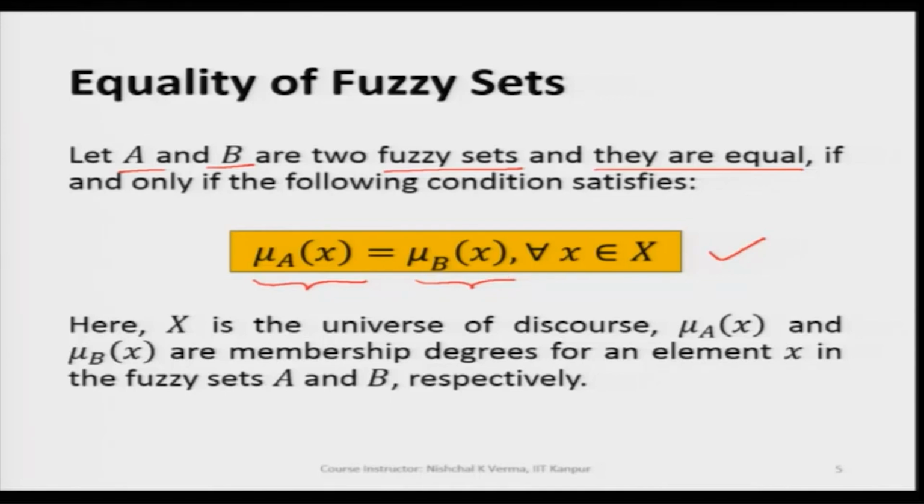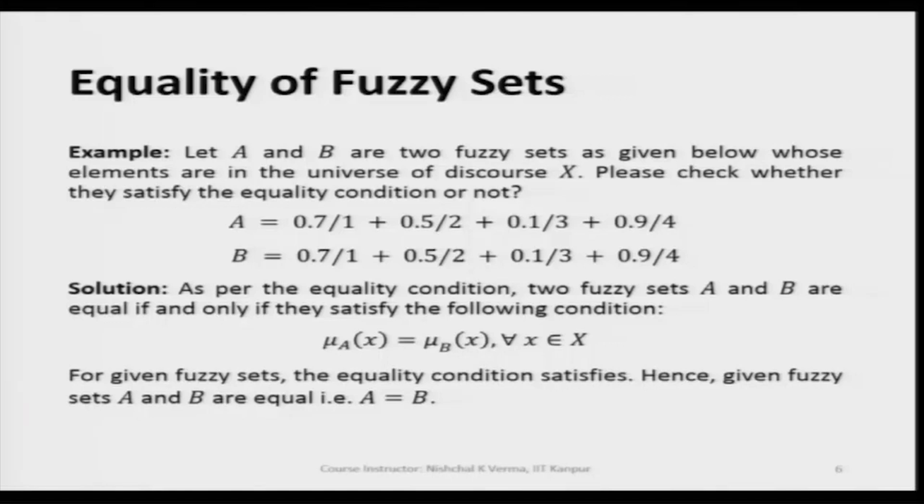So, let us look at this example to better understand. If we have two fuzzy sets A and B, and these are discrete fuzzy sets, let us look at these fuzzy sets and their fuzzy elements, meaning the generic variable values and the corresponding membership values.